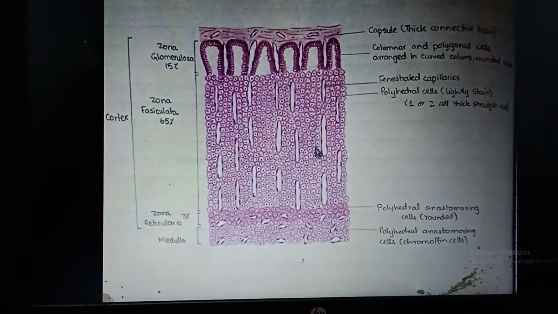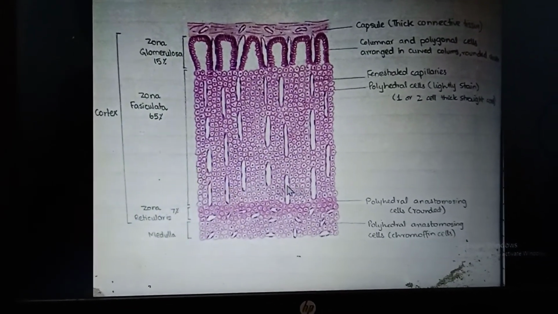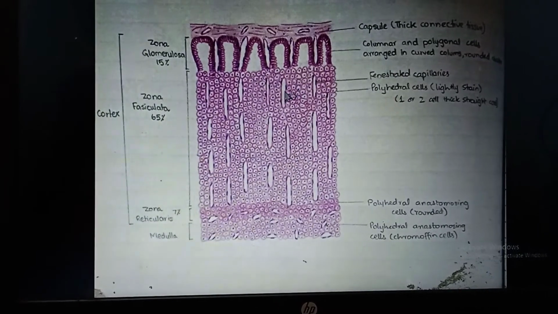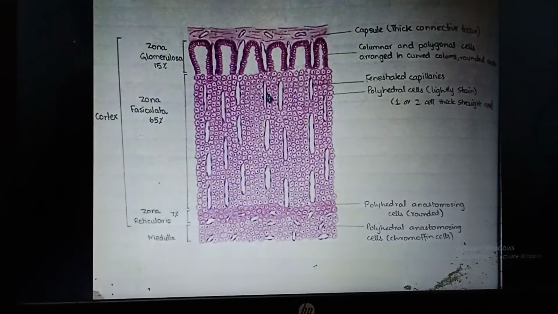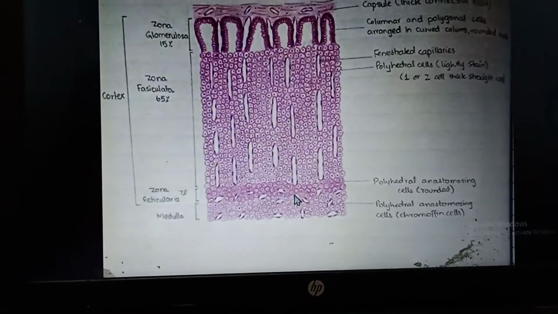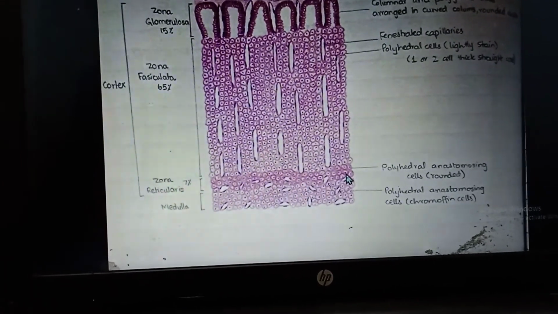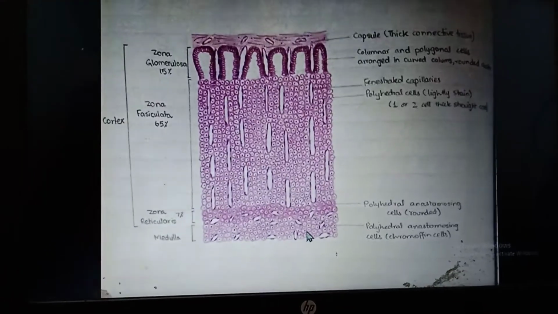Each cell is also known as a spongiocyte, and is also a polyhedral cell. In between these structures are longitudinally placed sinusoids. Then comes zona reticularis, with a reticular pattern, branching and anastomosing type, and then the medulla.